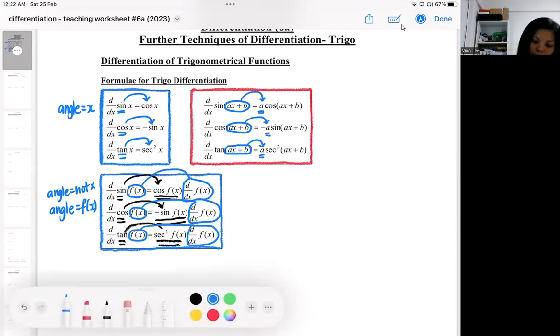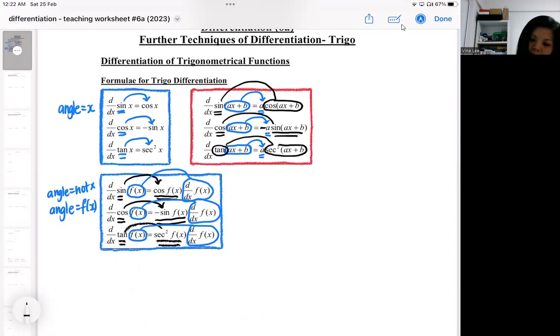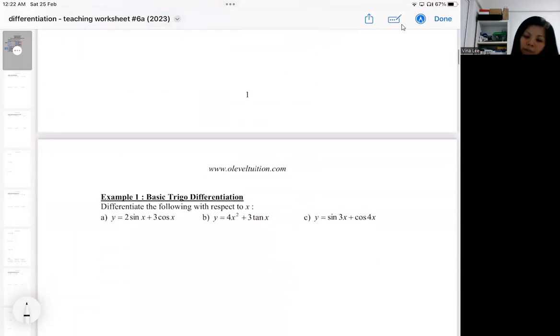Of course, the function has already been differentiated: sine has been differentiated to cosine, cosine to minus sine, tangent to secant square. So you see it as two layers. One layer is the function, another layer is the angle. If it looks complex here, I'm going to show you through some numerical examples.